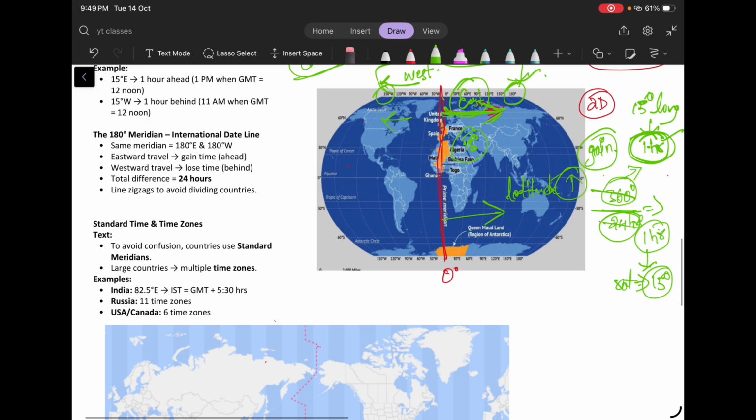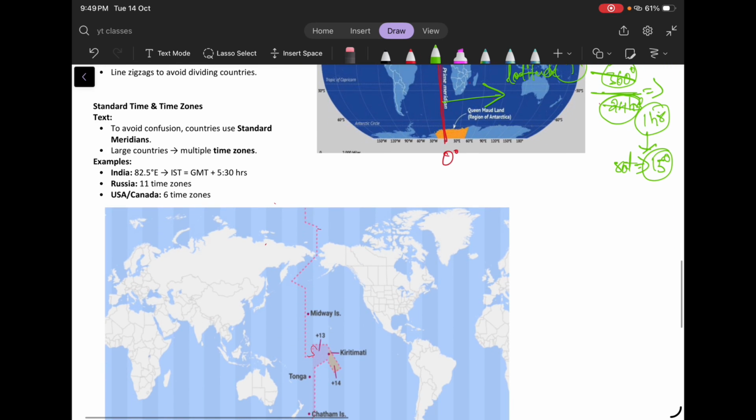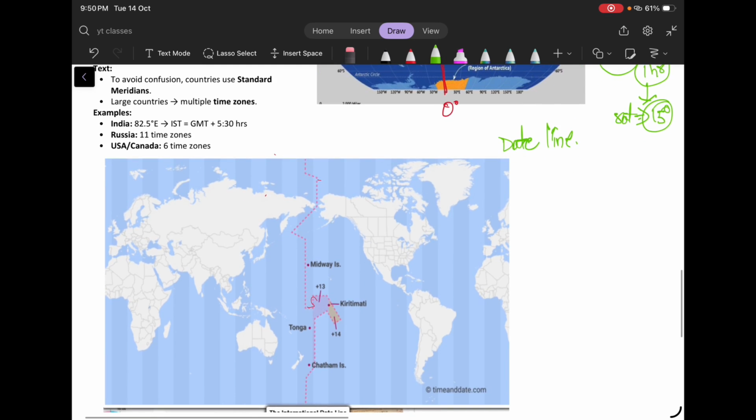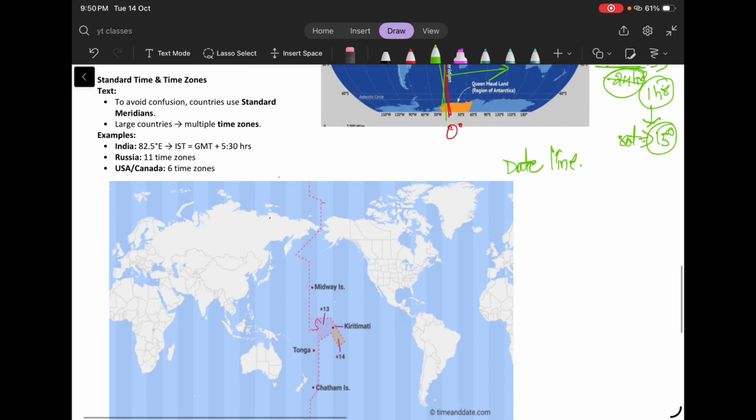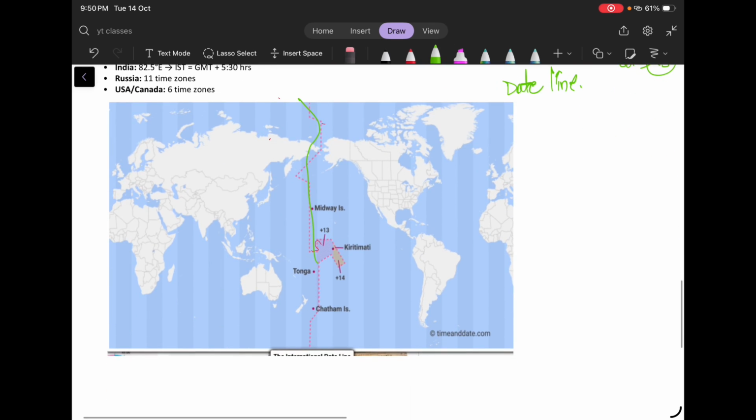Okay, now we will understand the concept of the international dateline. As we have seen, this is the prime meridian, right? The other one is the international dateline, which is located around the 180 degrees longitude.